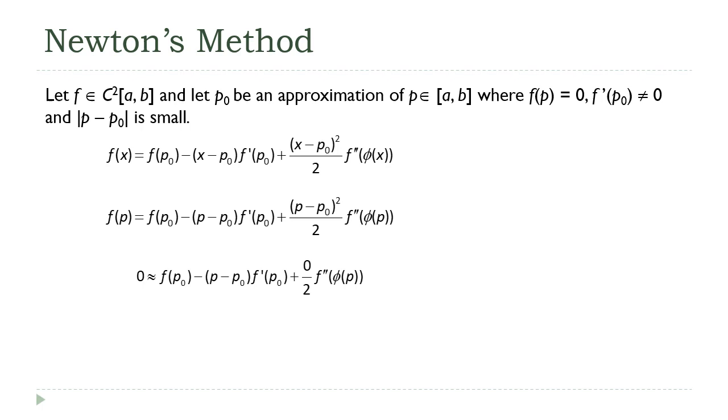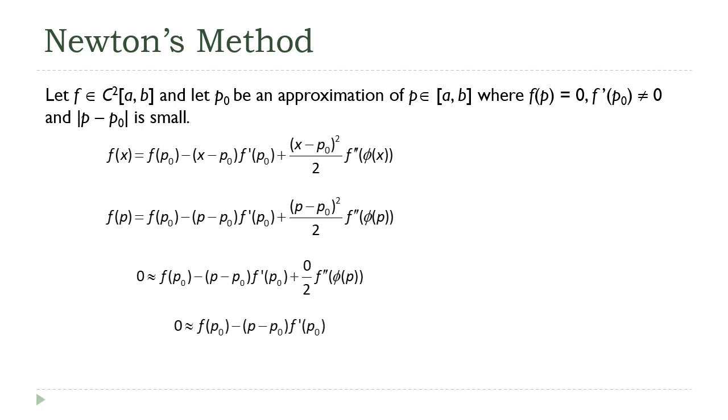And this p minus p0 squared part in the far right-hand term, if p minus p0 is small, then the square of that is really small, right? Smaller still. So small enough that it's going to be approximately equal to 0. That's why I substituted 0 in here and I changed the equals to approximately equals.